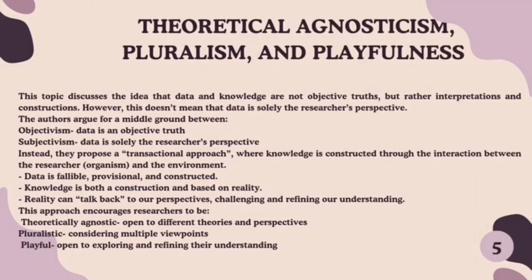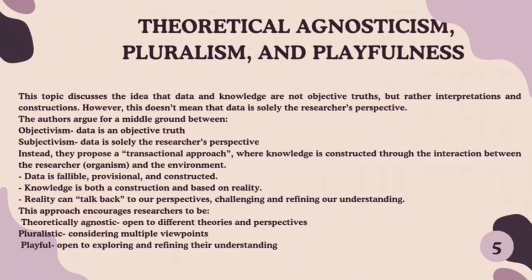Next is theoretical agnosticism, pluralism, and playfulness. This topic discusses the idea that data and knowledge are not objective truths but rather interpretations and constructions. However, this doesn't mean that data is solely the researcher's perspective. The authors argue for a middle ground between objectivism and subjectivism.